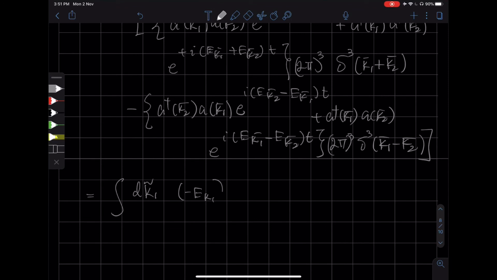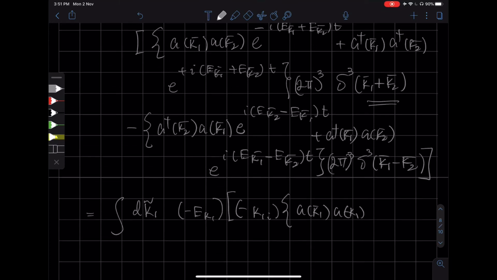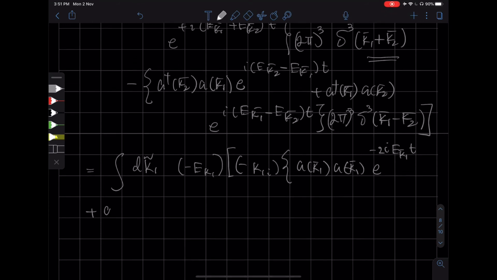This remains unchanged, but the k2 now becomes k1, so we get minus k1 i, and then we have a of k1 times a of minus k1, because the delta function had a plus sign here, and then we have e to the power minus 2i e of k1 t, and similarly we have a dagger of k1 a dagger of minus k1 e to the plus 2i e of k1 t.